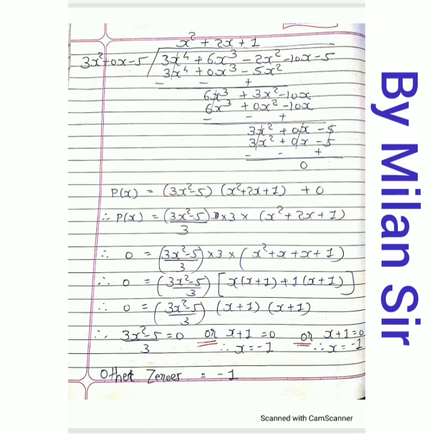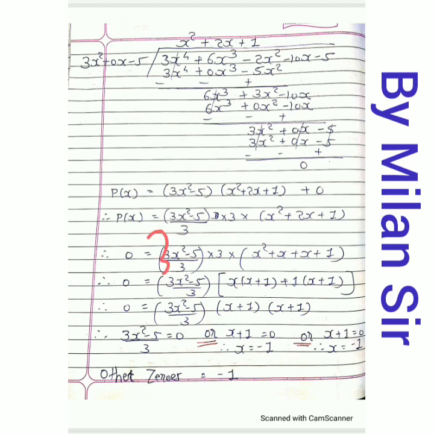Now subtraction process. So change the sign. Plus is converted in minus, minus is converted in plus, and 6x cube is cancelled. Then again 0x square is here, so directly write down 3x square. Okay. And in the last term, plus 10x minus 10x cancel, so 0x, and at last minus 5 comes down.